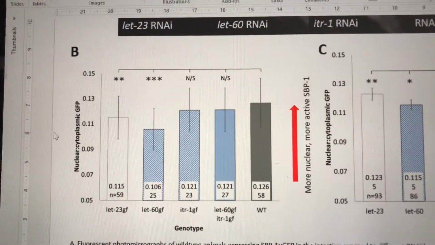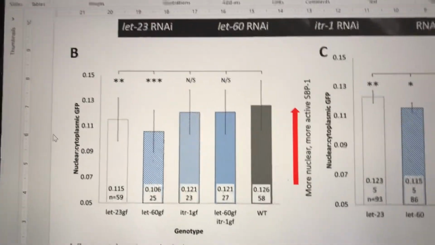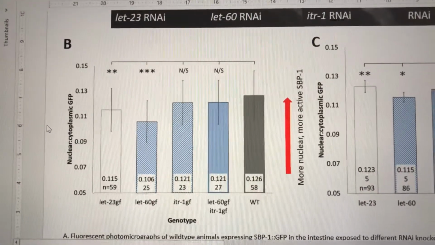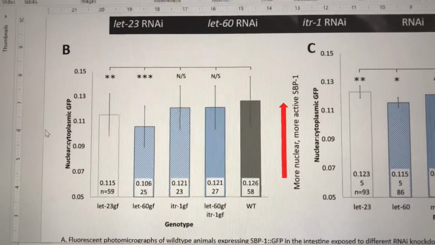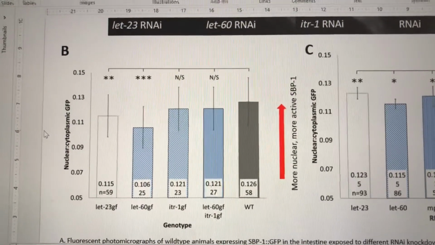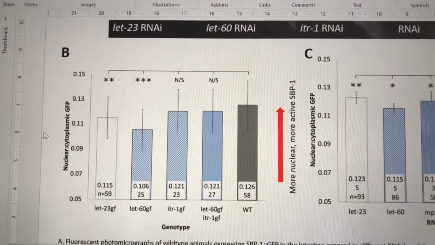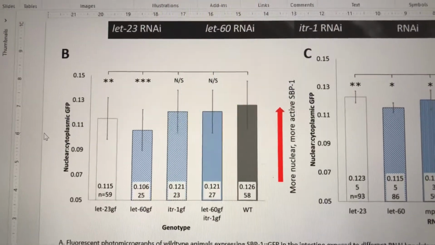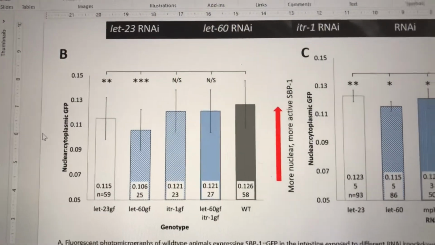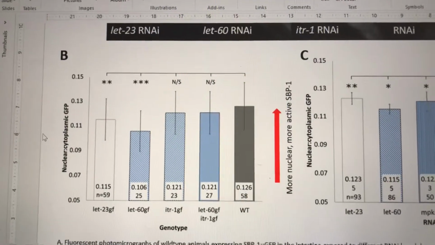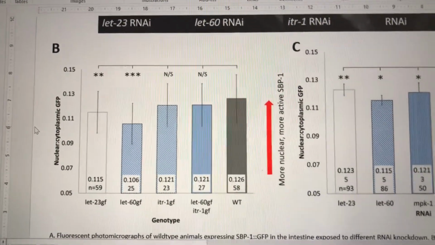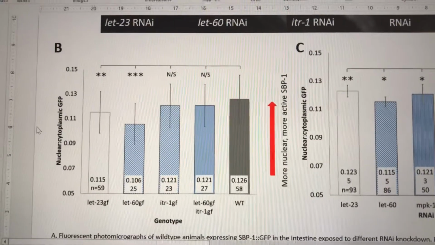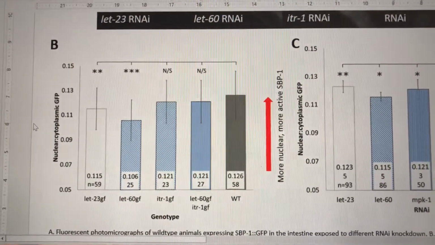And what we found, even though those error bars look enormous, is that if you overactivate LET-23 or LET-60, you get more GFP in the cytoplasm and less in the nucleus. So there's less active SBP1 GFP there, right? And if you look at ITL1, the other pathway, you don't see any difference.